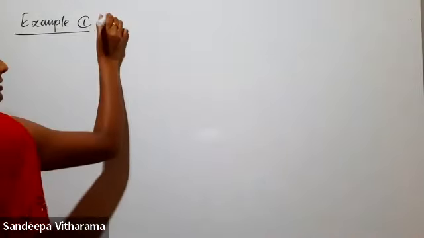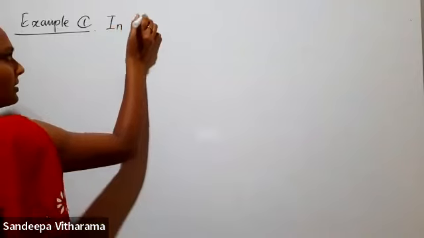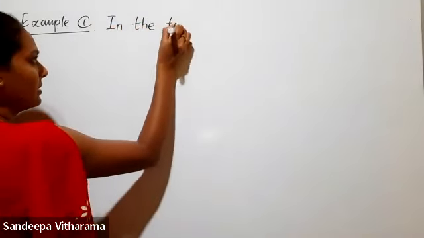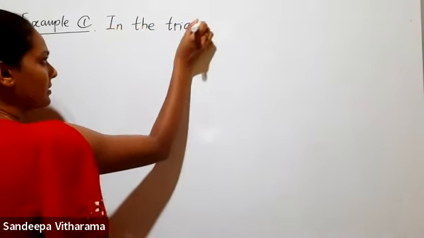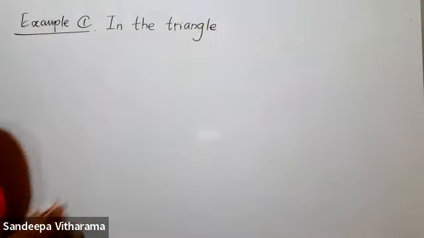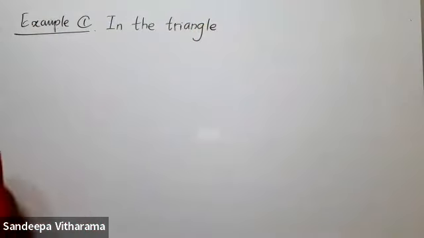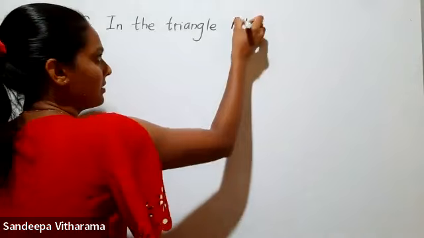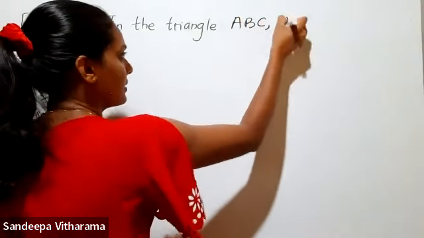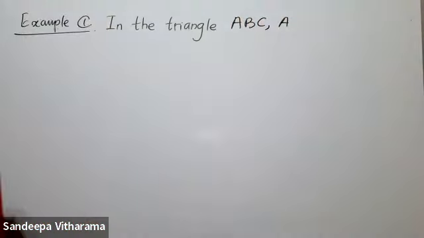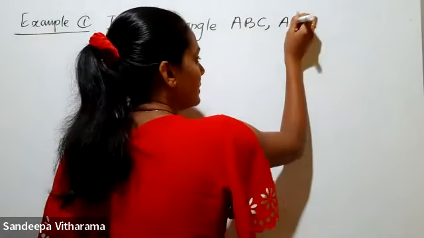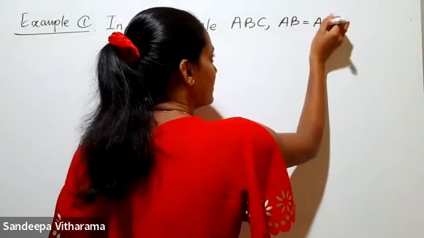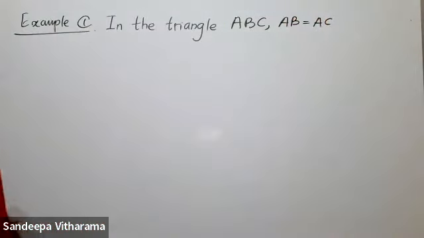Write down: in the triangle ABC, AB is equal to AC.